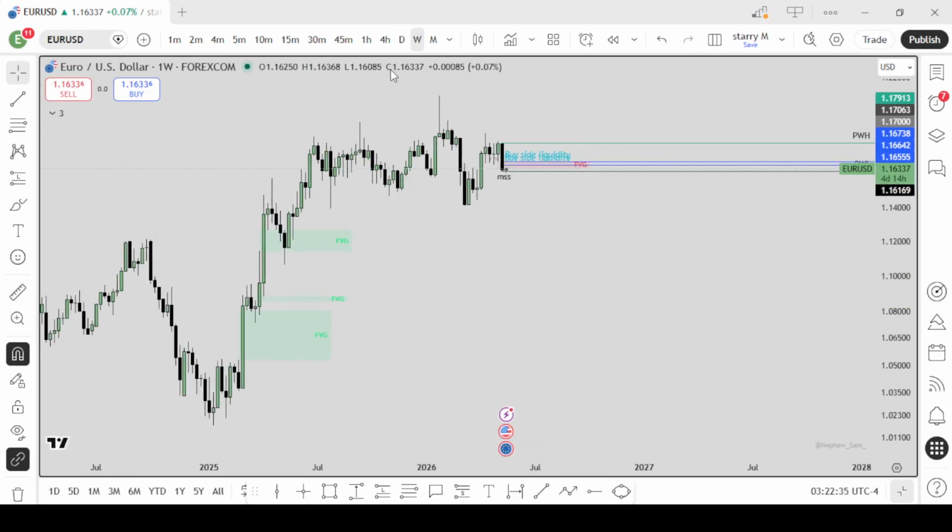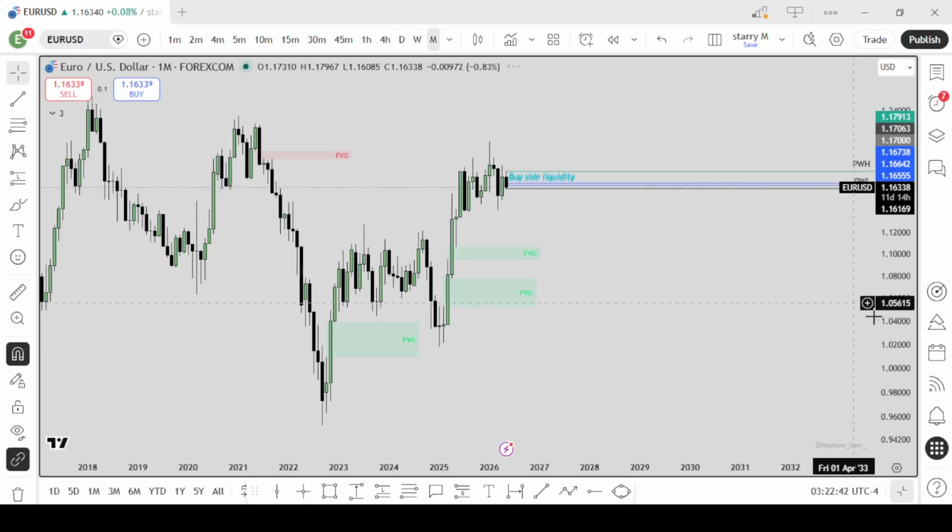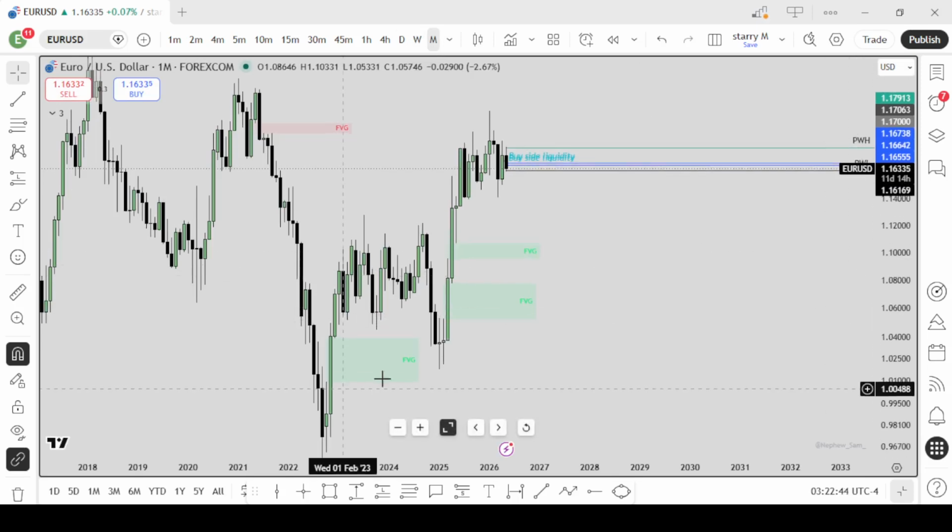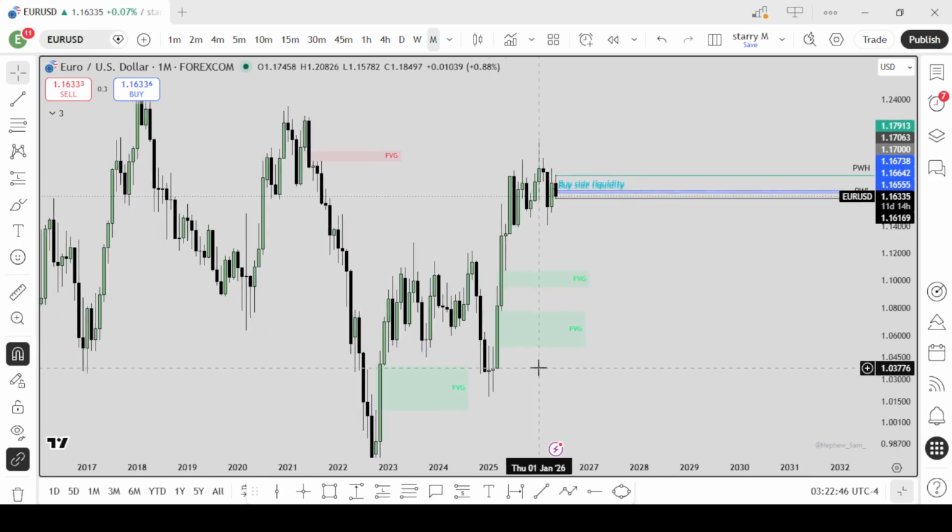So I normally start with the weekly or the higher time frames. You can even start with the monthly just for confirmation, because monthly doesn't have a lot to give for a day trader.